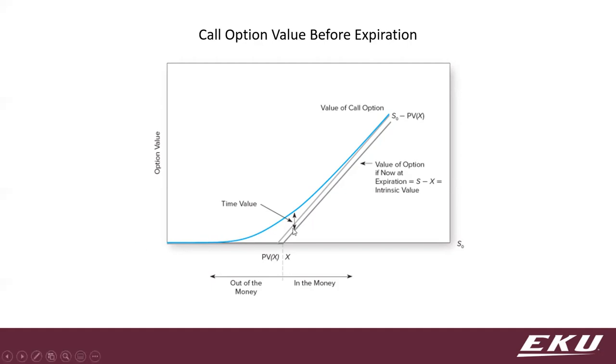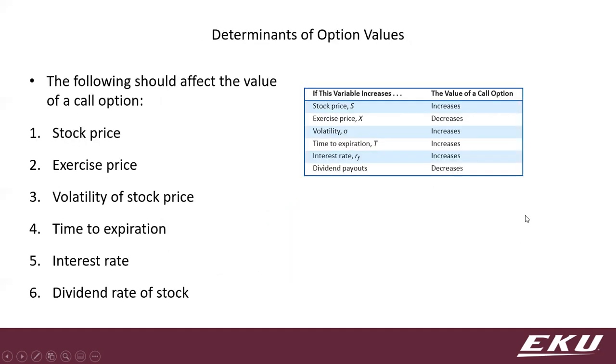But before that, it takes on this type of value. And when we're looking at the change in option prices, this shape will change as time goes on because it's getting closer and closer to snapping to the position of being at that angle.